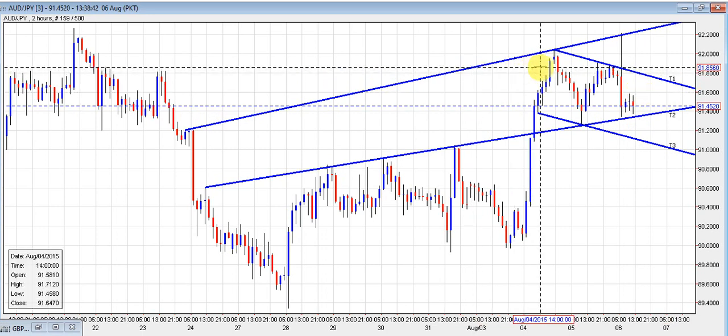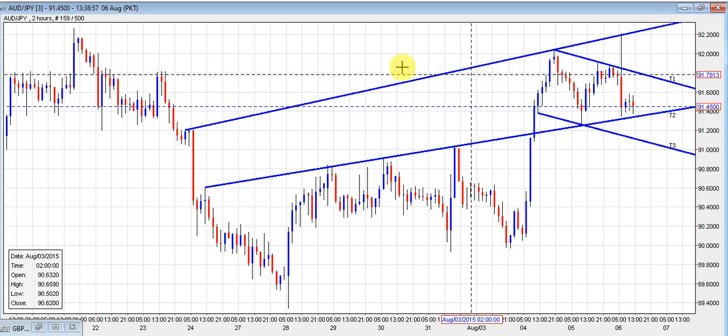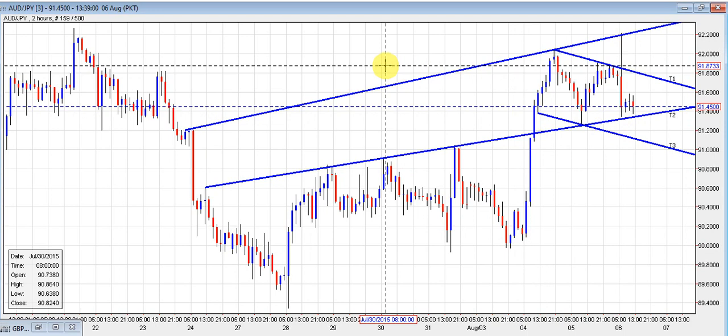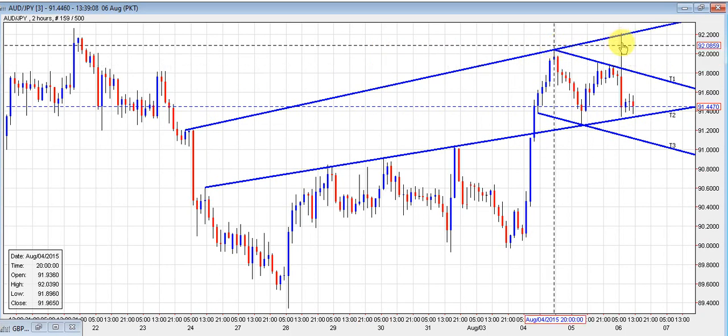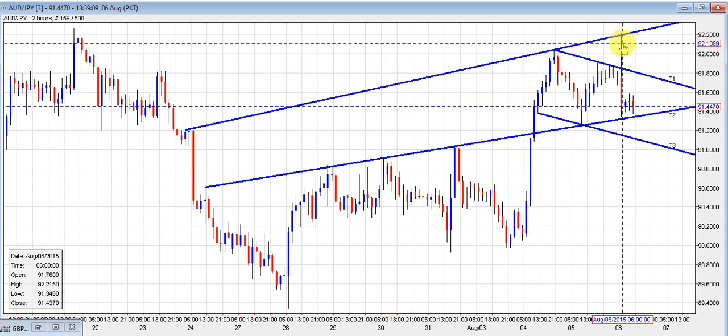This could be a very active pair. Let's say you have news on the Australian dollar which is positive, and at the same time you have news on the dollar yen which is negative. That's when this pair can move a huge distance and can literally do about 200, 250 pips.